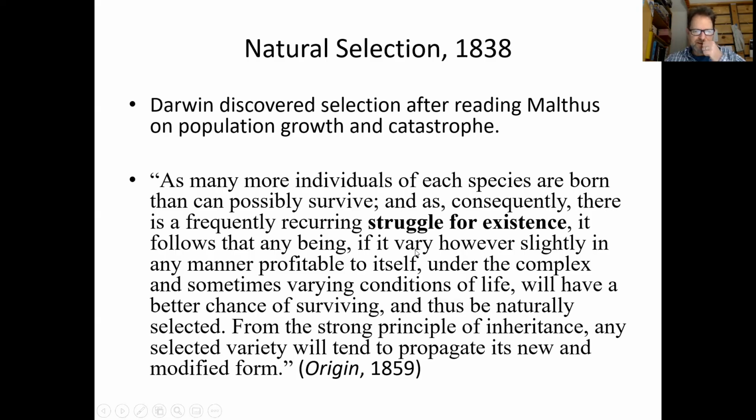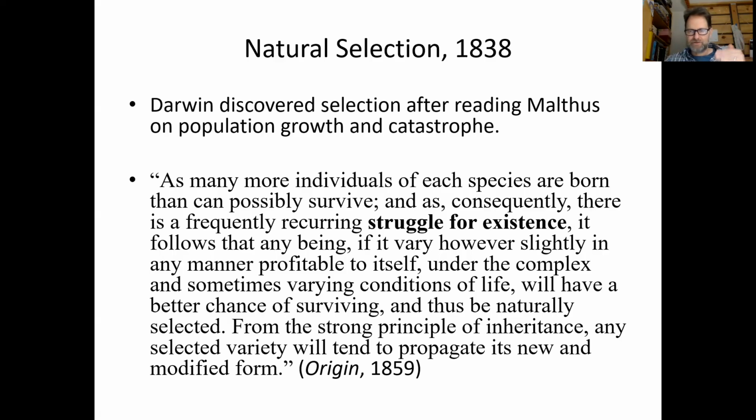All right, and then he says, well, there's some variation in the population. Not everybody in this population is identical. And some are going to vary in a manner, as it says, profitable to itself. So some of them are going to have a slight leg up on their opponents, and have some slight advantage.